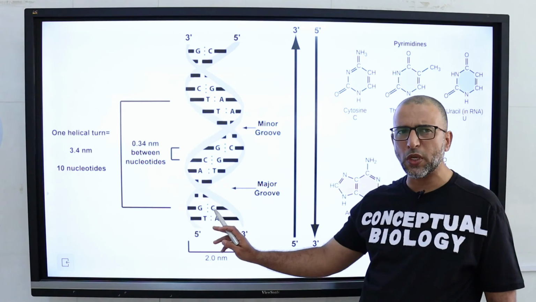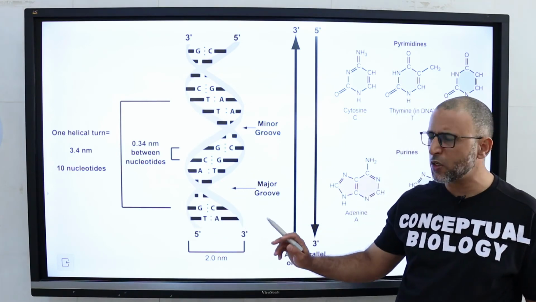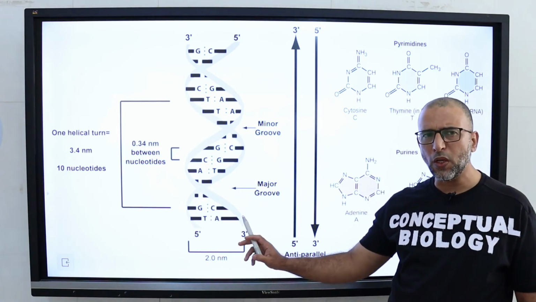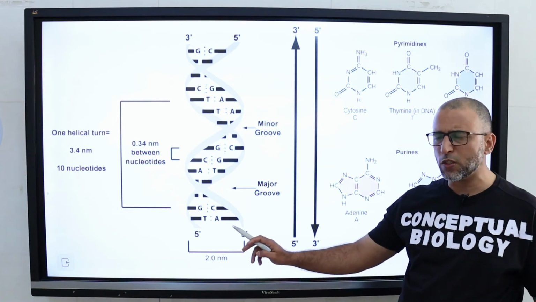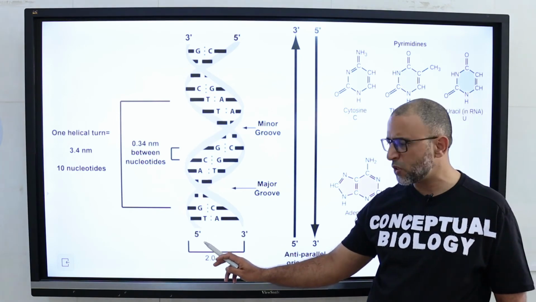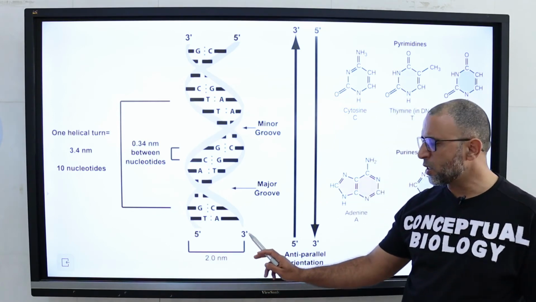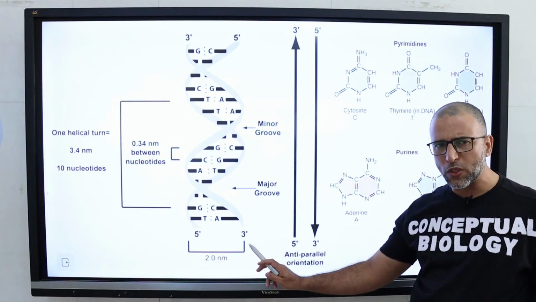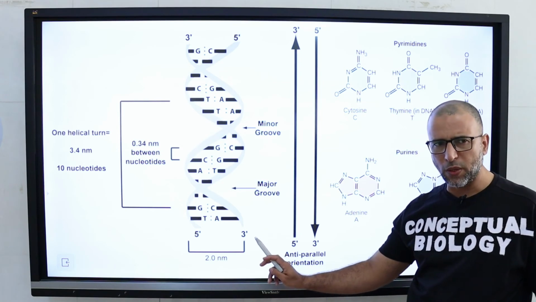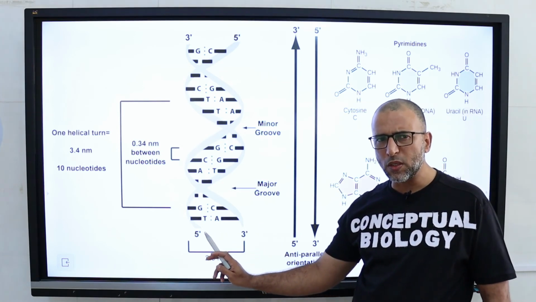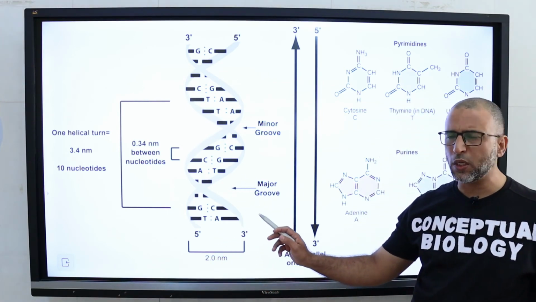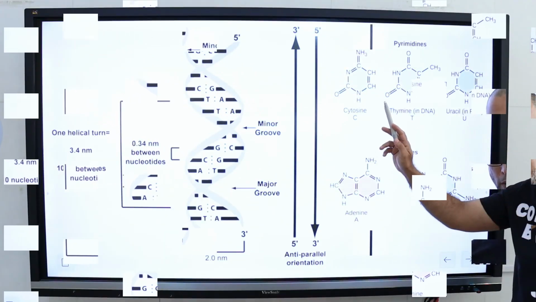As we know, the two chains run in opposite directions. Therefore, each end of the double helix must have an exposed 5' phosphate on one strand and an exposed 3' hydroxyl group on the other chain, because the two strands are running in opposite directions, so they are anti-parallel.